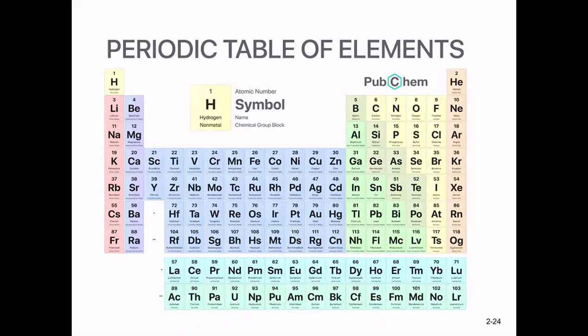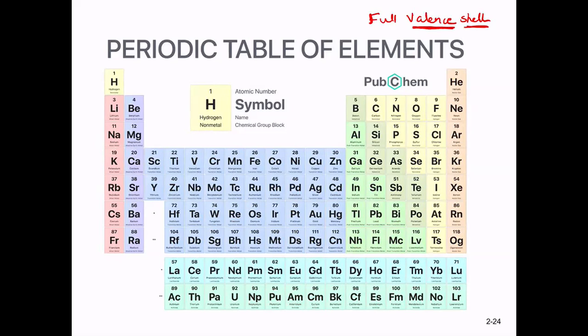Okay, so the idea here is that atoms or elements would love to have a full valence shell, right? So all the elements here, they seek to have a full valence shell. All right, valence is the outermost shell.